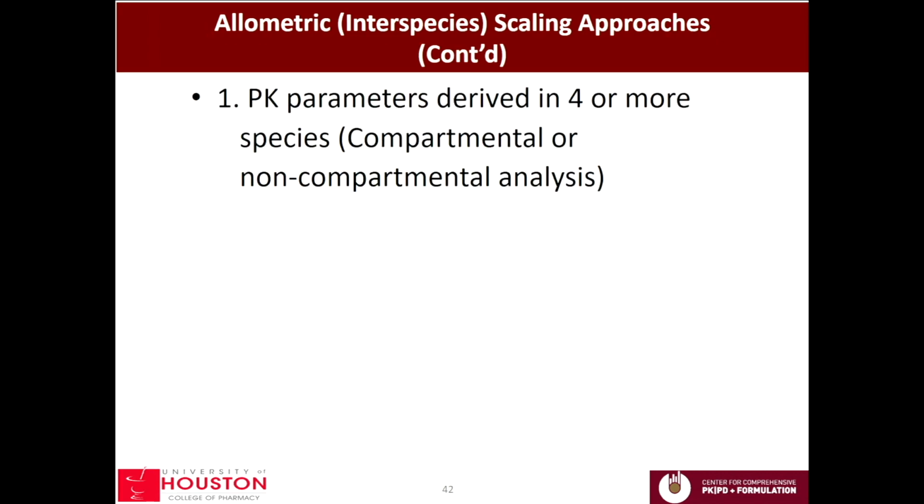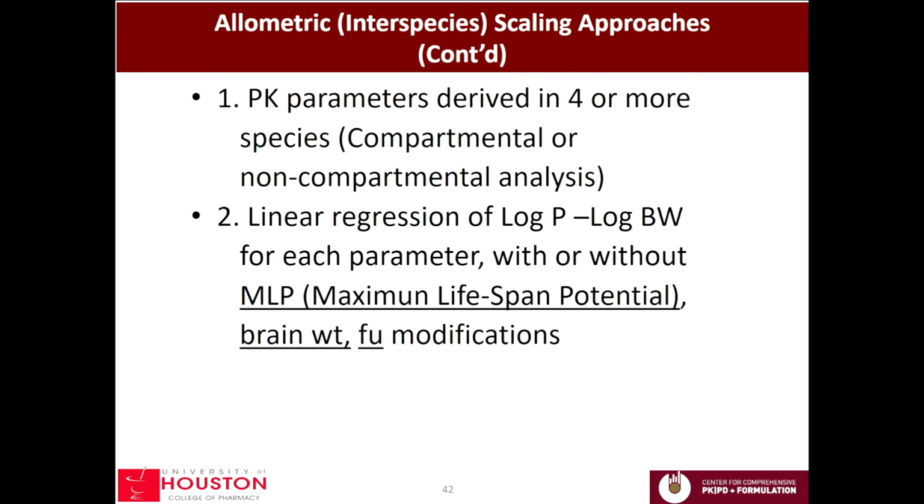And this is just a few steps we will usually do with the different species to do the PK analysis, and then establish that log-linear relationship. But when the exponent deviates from the value of one, sometimes we have to adjust with the brain weight of the species, fraction unbound, or maximum lifespan.